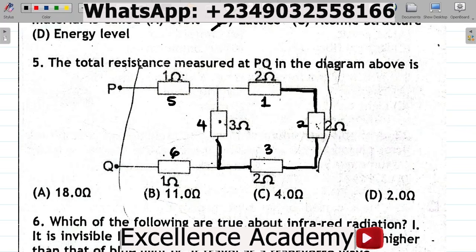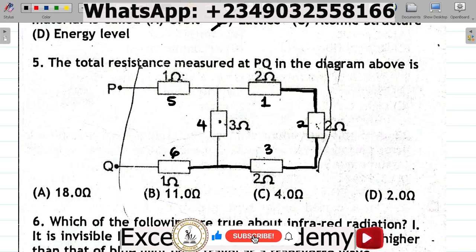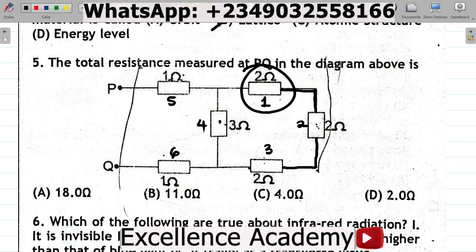No, why? Because it's a junction here. Look at this, a junction. So it's not a direct end to end. You don't also say that 3 is connected end to end with 6. No, why? Look at this, from 4, there's a junction here. So it doesn't work like that. So in essence, the ones connected end to end would be resistor 1, resistor 2, and resistor 3.